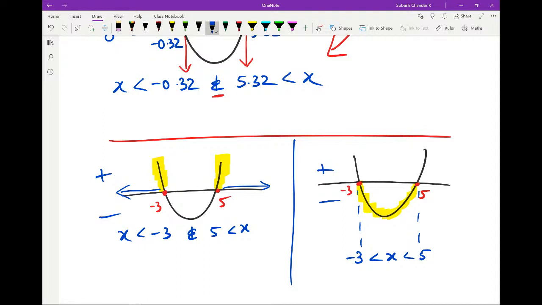But apart from that, these are the only two ways that they could potentially ask that question. Okay, are we okay with that question there, guys?